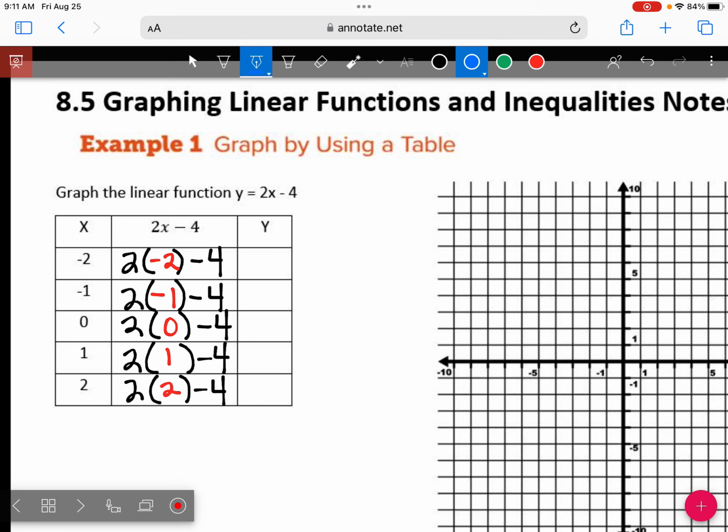So let's just make sure we're starting off right. Who got -8 for the first number? All right, good. All right, go ahead and find the other 4. If you did not get -8, raise your hand. I'll help you type it in.